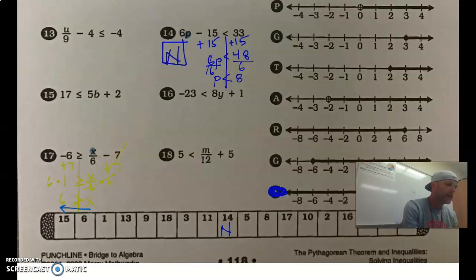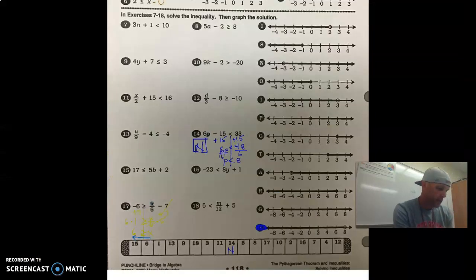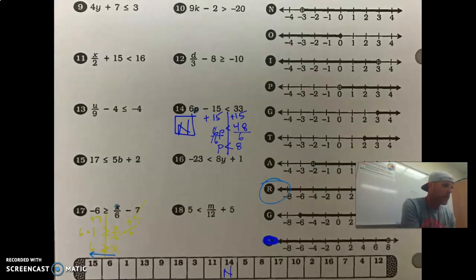So we need to find that graph. It's going to have a 6 on it. So R has a 6. That's the only one, right? Less than or equal to 6. Yeah, so it has to be R. And that is true because it's equal to 6, which it had shaded all the way in, and it goes to the left, so it's everything less.